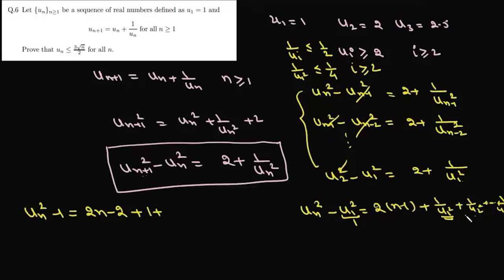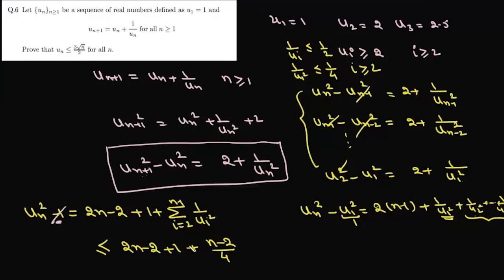So for all these terms from 2 to n minus 1, we can write this summation, i varies from 2 to n minus 1, 1 upon ui square, it will be less than or equal to, now this is 2n minus 2 plus 1 and plus, now this is 1 by 4, 1 by 4, 1 by 4, n minus 2 times, so it will be this n minus 2 by 4. So we'll take this one on the right hand side.